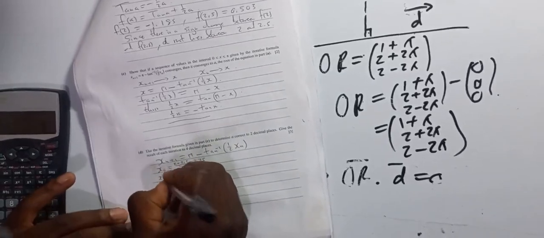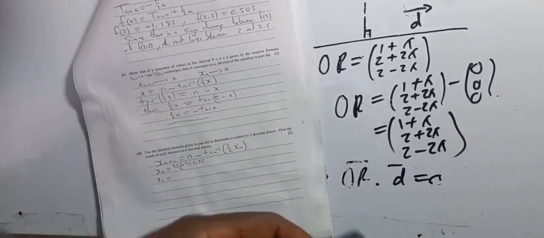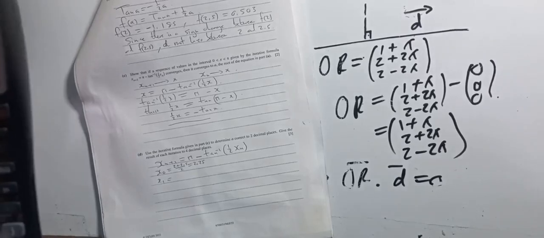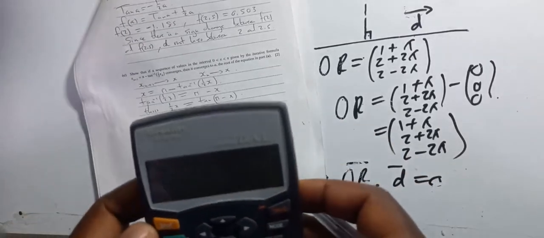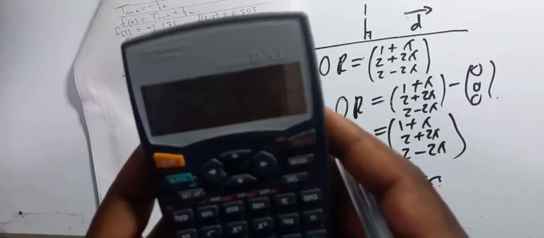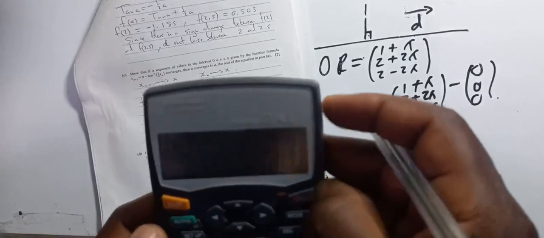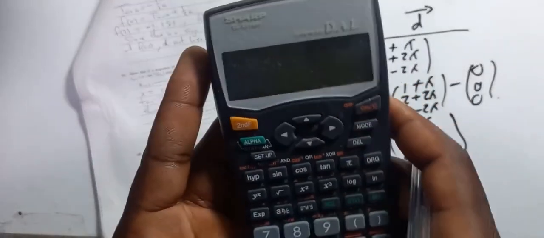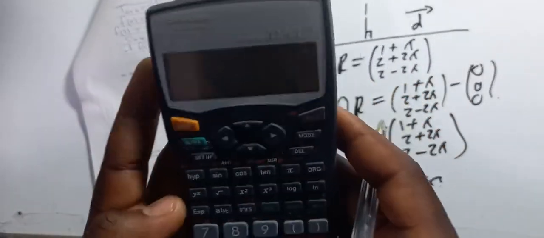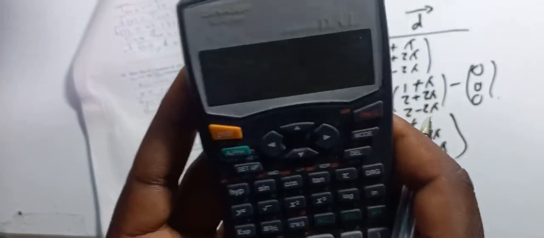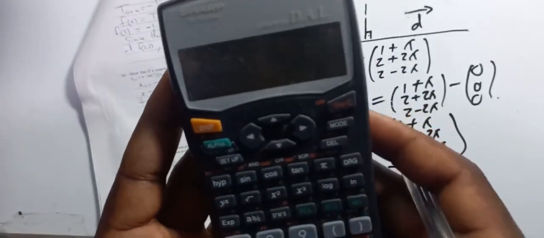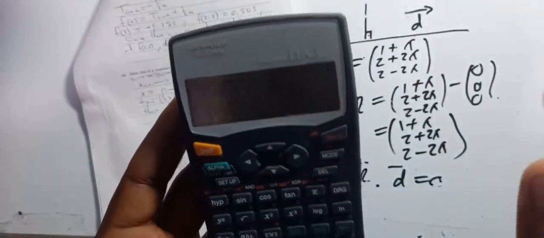So now for x1, we are going to use the calculator. I'm going to use the Sharp version. First you type your initial solution, 2.25, and press equals.